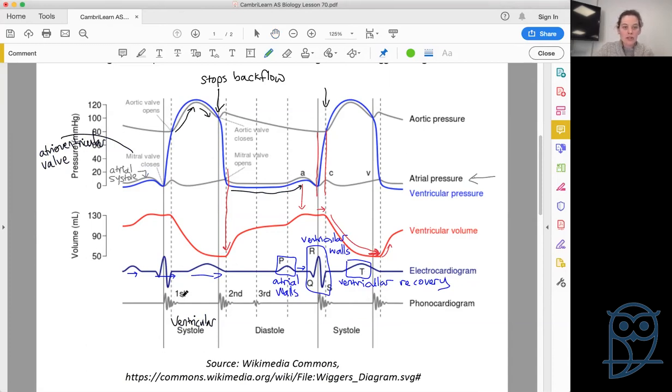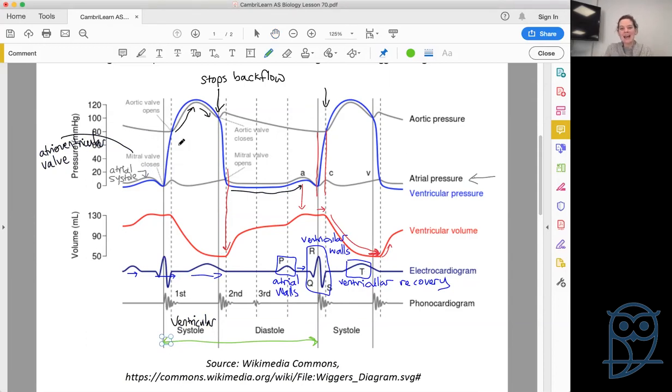So if you look at your lubs and your dubs, we want to go through one entire cardiac cycle here. So let's look at one entire heartbeat here. So here is one, and here is our second. And this first one comes in time with our atrioventricular valve closing.